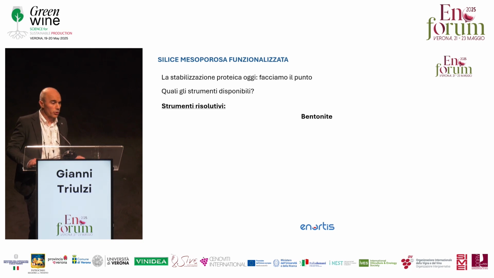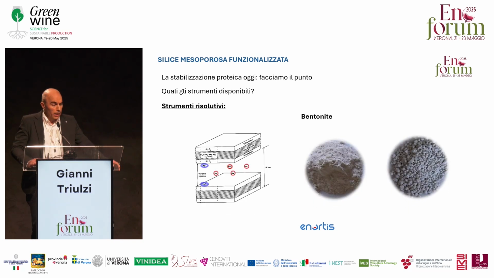So basically, we have one possible solution. Bentonite is a silicate of aluminium rich in iron and additional cations: magnesium, calcium, sodium. It is a silicate which, depending on the hydration of the cations it contains, puts a distance between these layers of silicate, and you have a swelling of the bentonite.